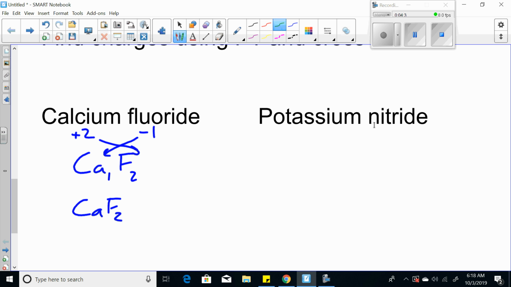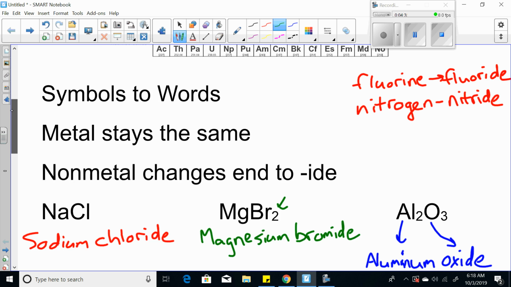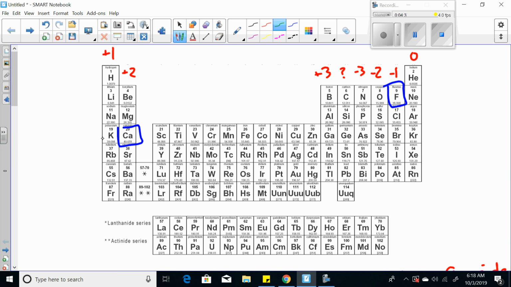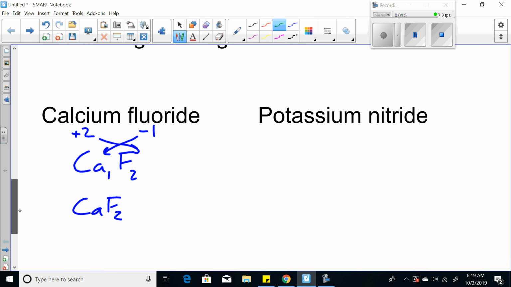Looking at the next one, I've got potassium nitride. So I've got potassium working right here. That's a +1. Nitrogen right here, that's a -3. So I've got potassium, which is a K, nitrogen, which is an N. You don't have to rewrite these every time.